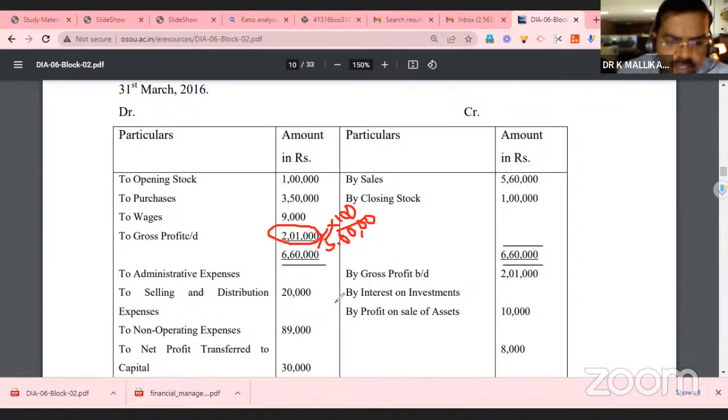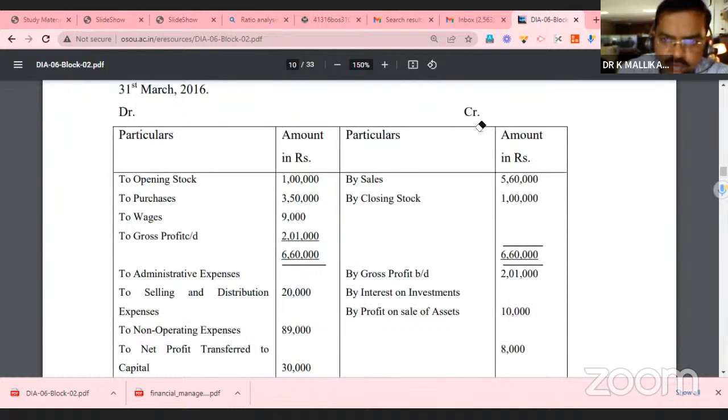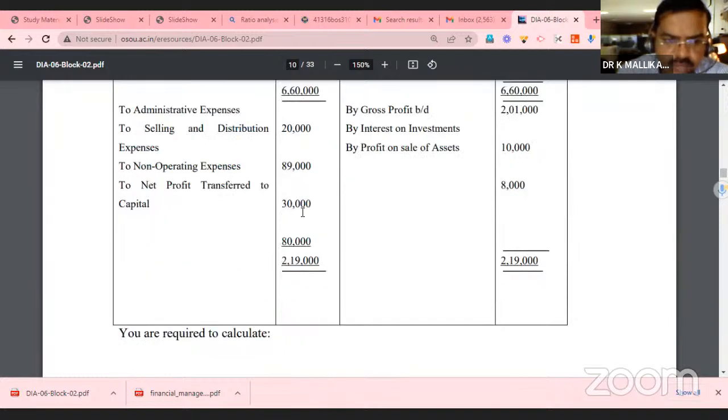Now you want to calculate the net profit ratio. What is the formula for the net profit ratio? Anyone? How to calculate net profit ratio? Please respond. Venugopal?